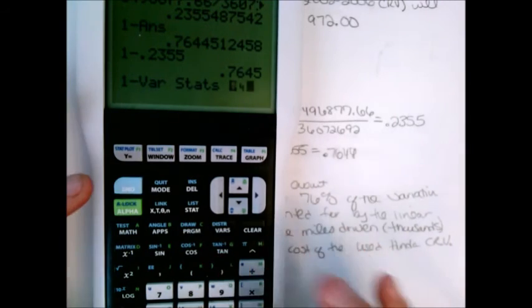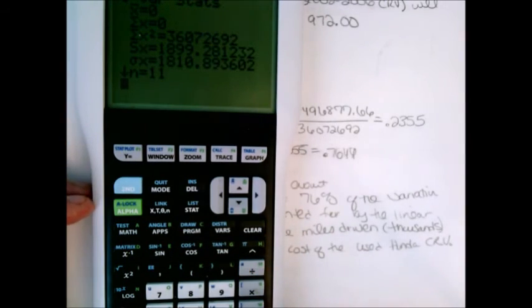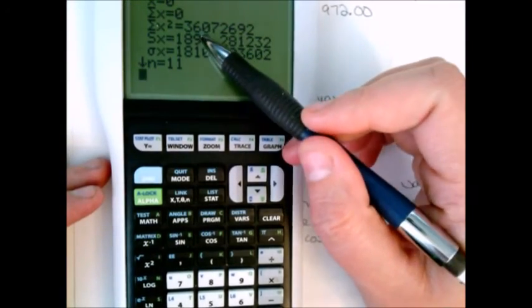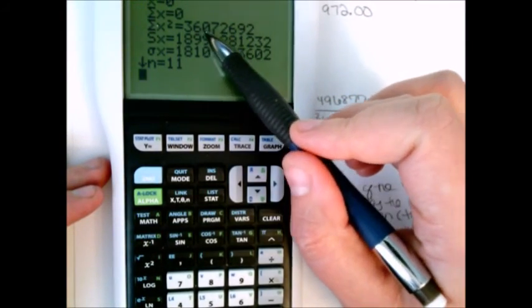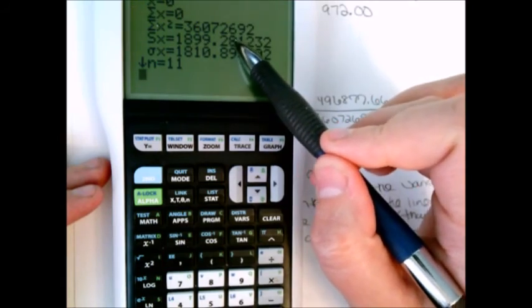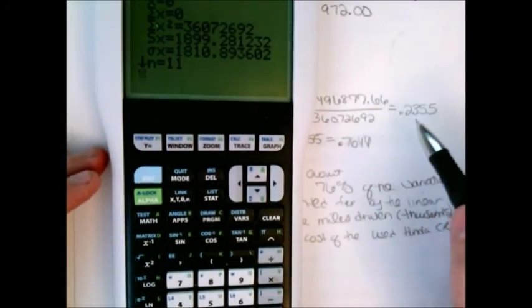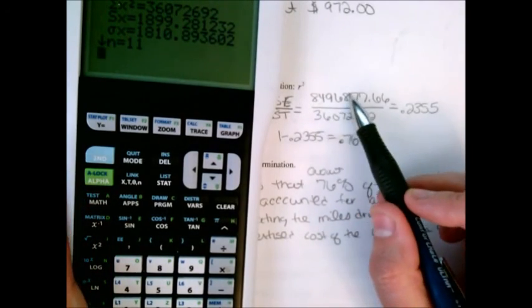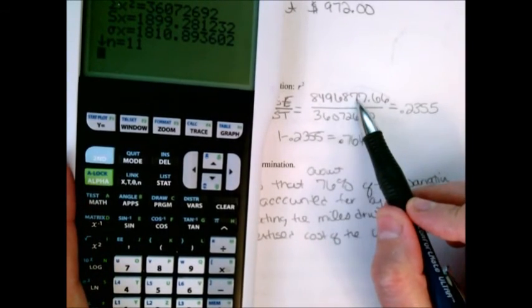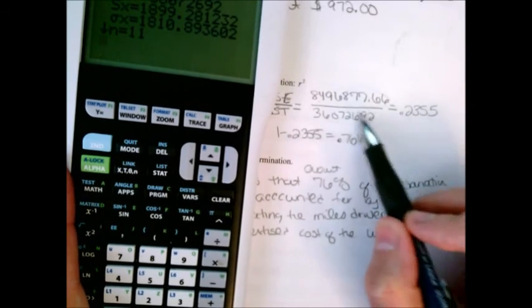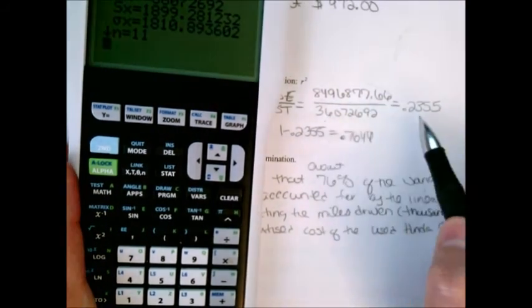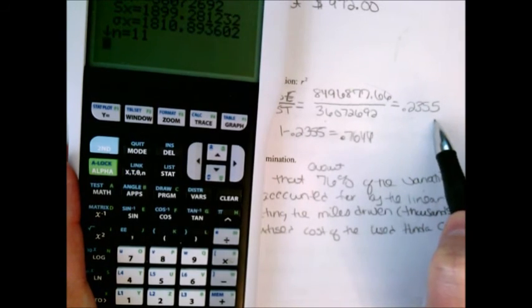This time I'm going to read L4 and hit enter. And I get a really big number, like 36 million: 36,072,692. So I have the sum of my residuals squared, that was the SSE, divided by the variation of the Y's, that's the 36 million.